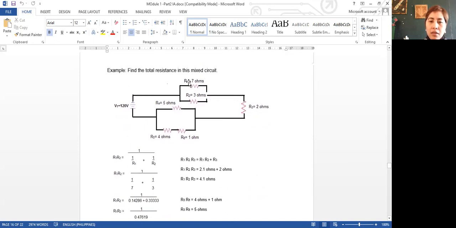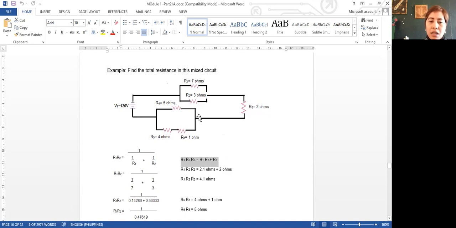And then, of course, next is the series. You just have to add the total resistance of R1 and R2 to R3, since it's connected in series to R3. So that's why we have 4.1.